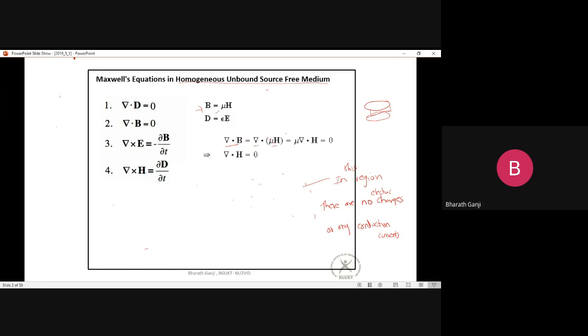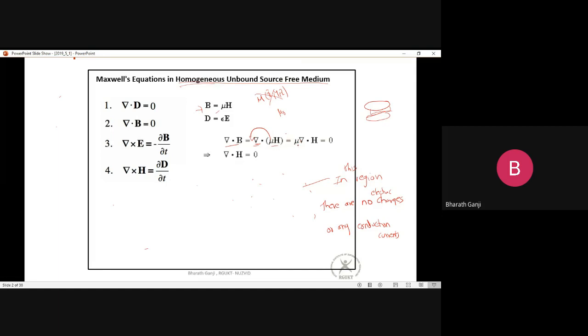So I can bring mu outside this del operator. Why? Because mu is homogeneous and it is a constant. If mu was a function of x comma y comma z, then you would have to take the derivatives because the del operator includes derivatives. But mu is not a function of x comma y comma z, it is a constant. So because it's a constant, you can bring it outside of the derivatives.